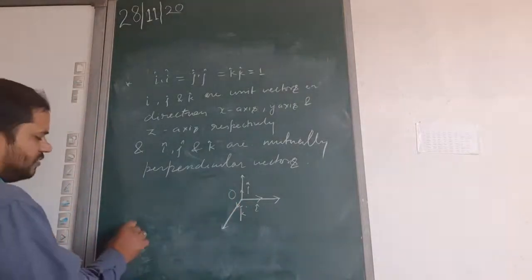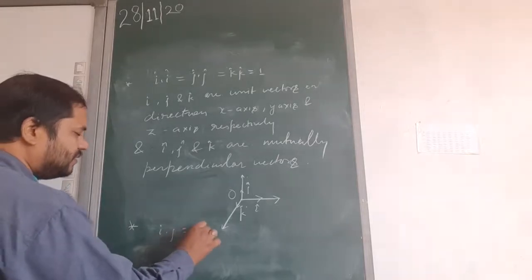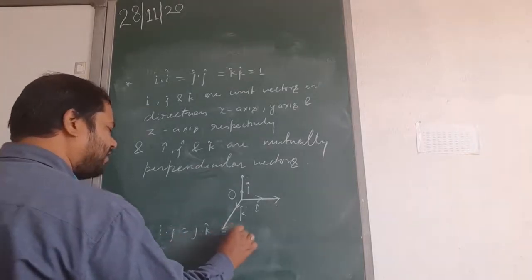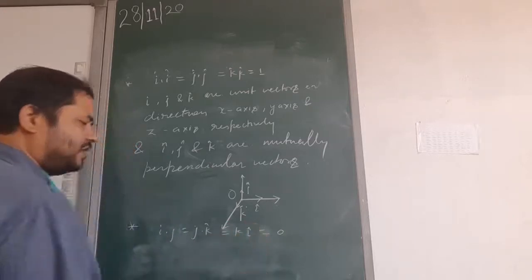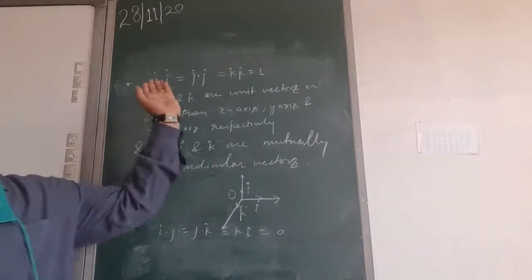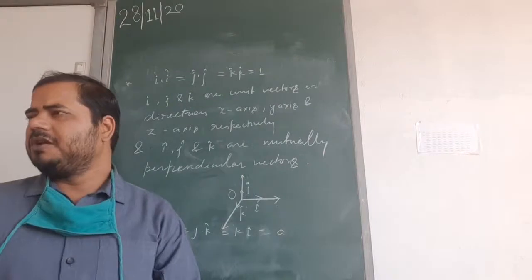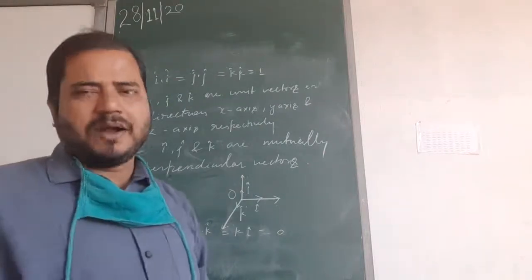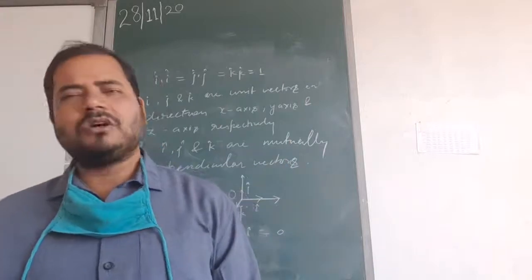And so, if you write I dot J, J dot K and K dot I, this must be equal to 0. If you want to see the proof, I dot I is mod of I times mod of I times cos 0, because the angle between them is 0 degrees. Mod of I means unit vector, so the modulus is 1 and cos 0 is 1.